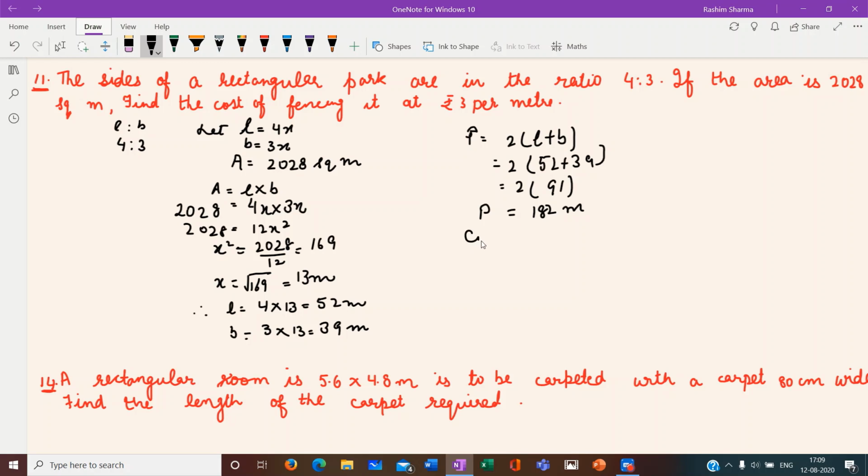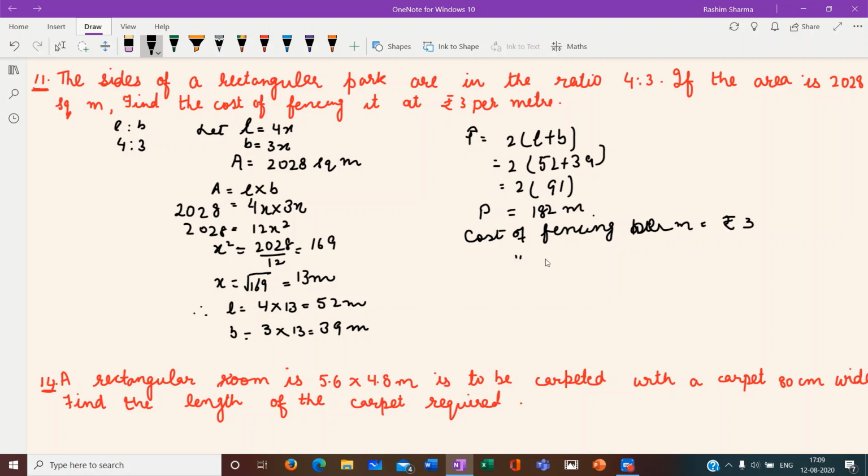Now cost of fencing at per meter is equal to rupees 3.